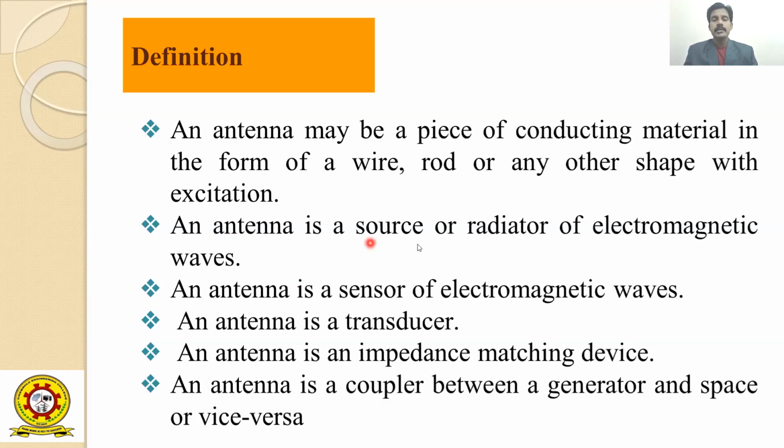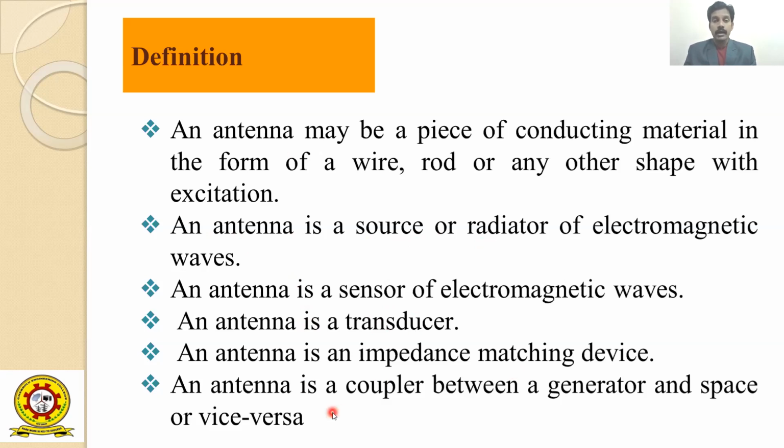Sometimes the antenna is a source or radiator of electromagnetic waves. An antenna may be a sensor to capture electromagnetic waves. Therefore, an antenna acts as a transducer. An antenna is also an impedance matching device. Likewise, many definitions are available.